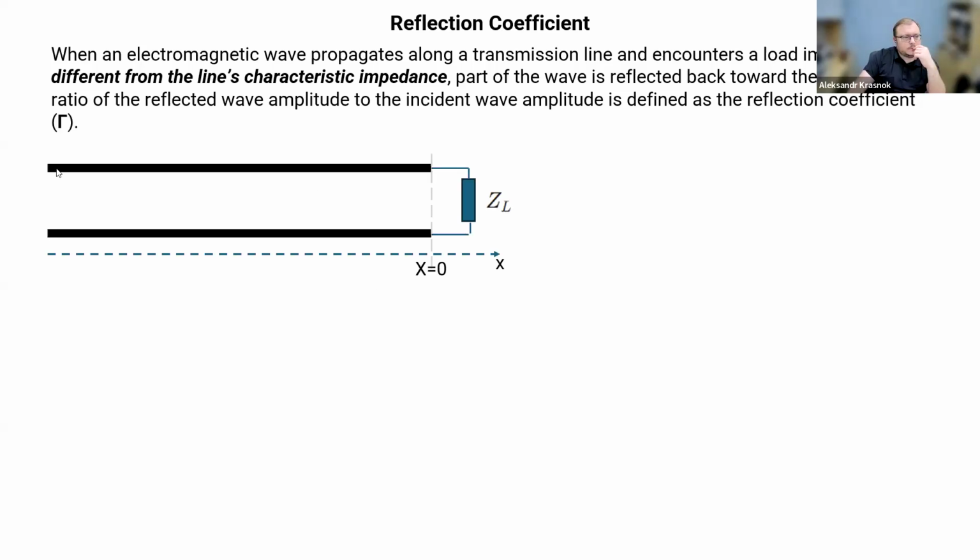Let us consider this system now. Suppose I have a transmission line shown here in black, and then abruptly at coordinate x0, I have the end of this transmission line, and I can connect some load to the end of the transmission line, and I describe this load by Z load, ZL, which can be complex.